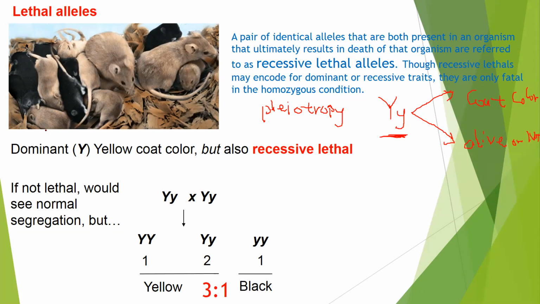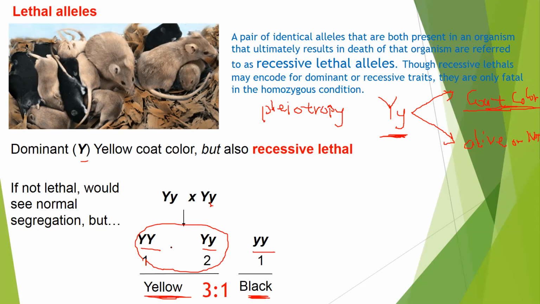So we put capital Y and small y here. This notation is only related to the first phenotype. Let's leave the lethal stuff alone and just look at the color of the coat. As we can see, this will give us the yellow coat color, and this will give us the black.